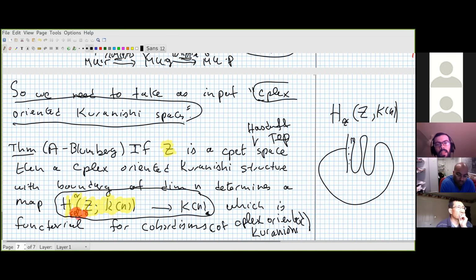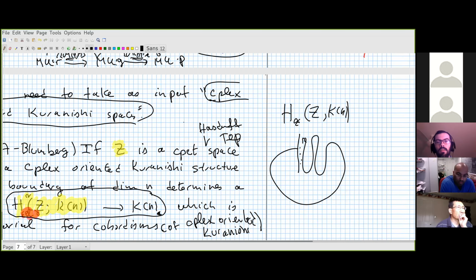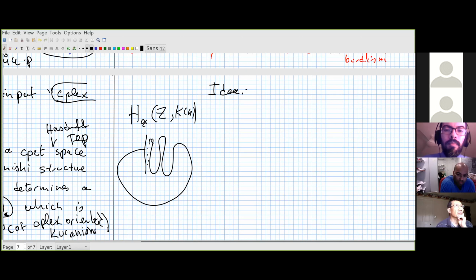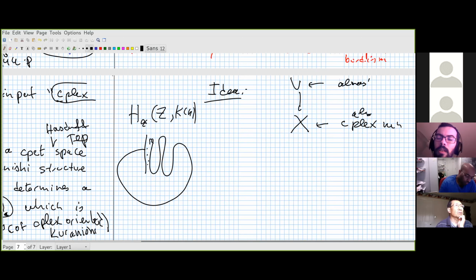So we had something where the idea is that you have X, which is, let's now just say complex manifold, almost complex. And you have V, which is again an almost complex vector bundle. It can be stable, but it's stably almost complex. But let's just simplify. And you have a group G acting.